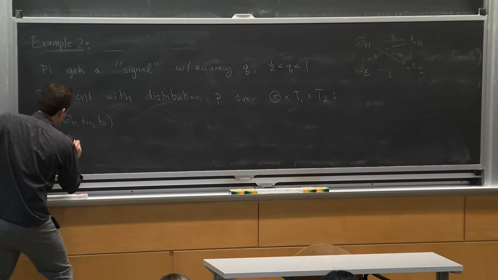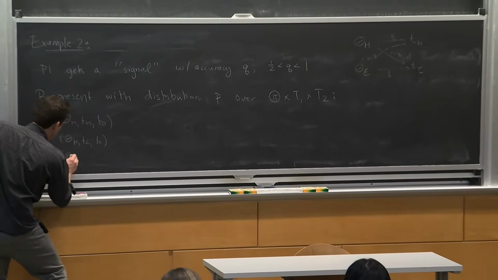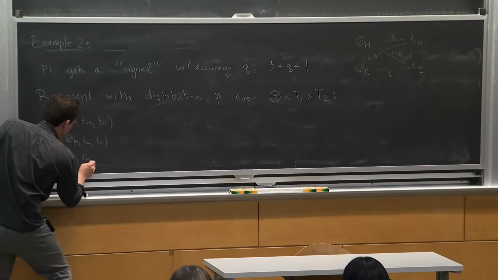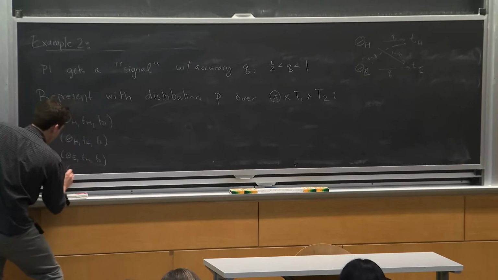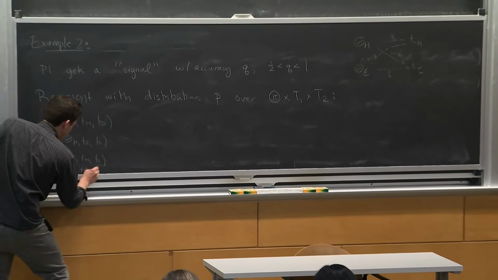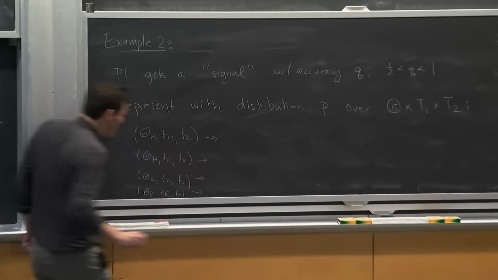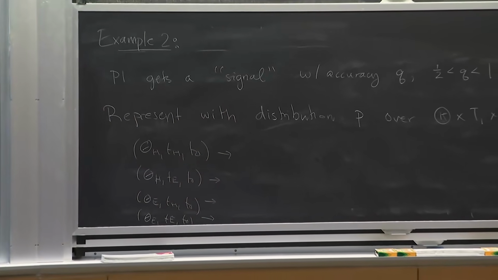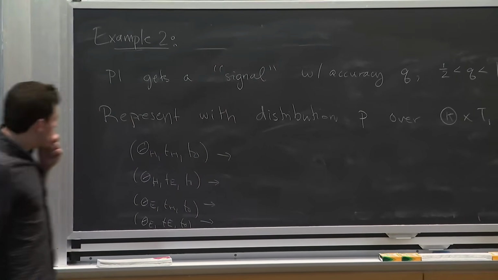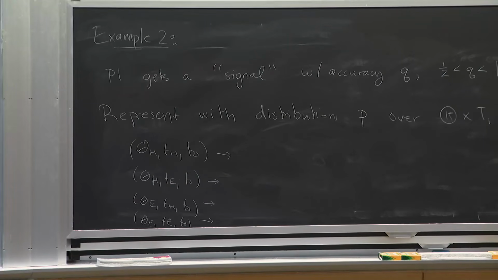We have theta h, te, t0. We have theta e, th, t0. And we have theta e, te, t0. I guess it got progressively smaller as I ran out of space. OK. So now what are the probabilities that we're going to assign to each of these?